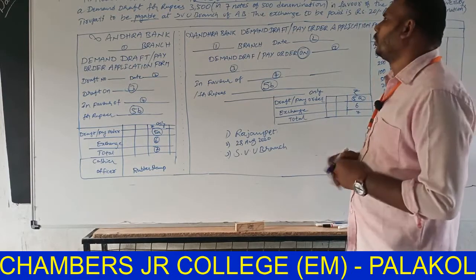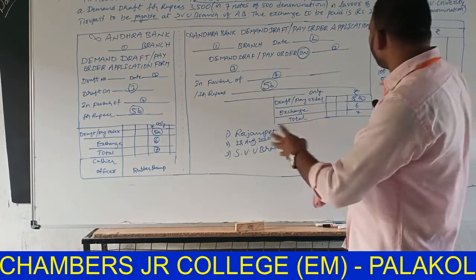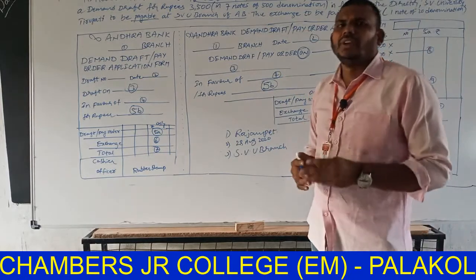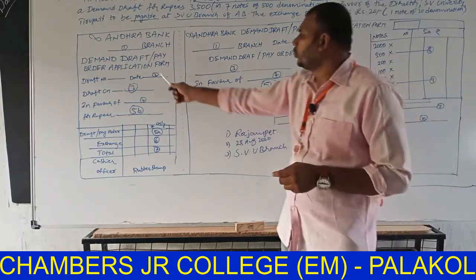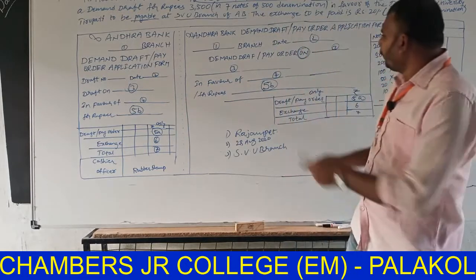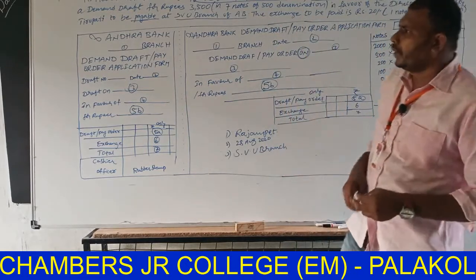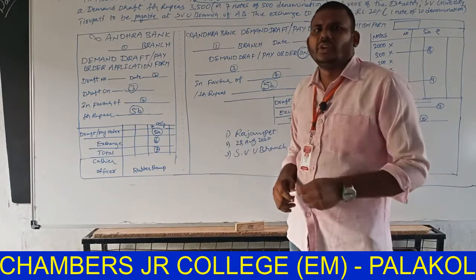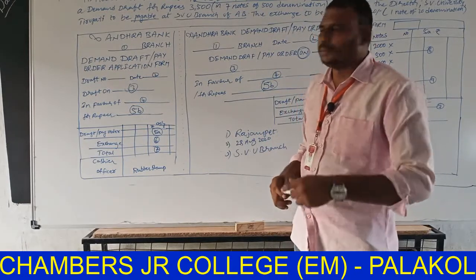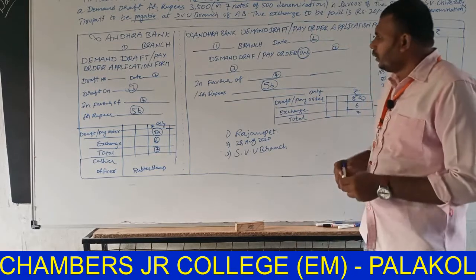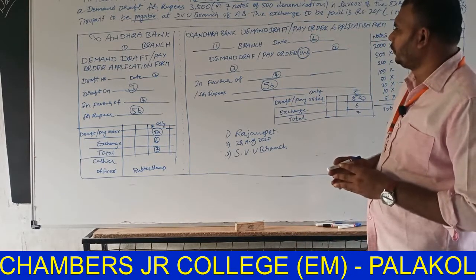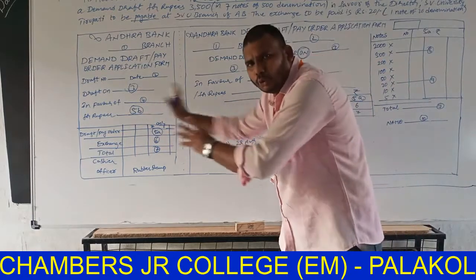Got it? This is a question here, and the numbers are mentioned in different columns. So as I said, the form of the DD has 2 parts. The smaller one is called counterfoil and the bigger slip is called main slip, and it is kept by the customer as a witness, as a record for future purposes. What we have to observe here is, numbers are given in both parts.